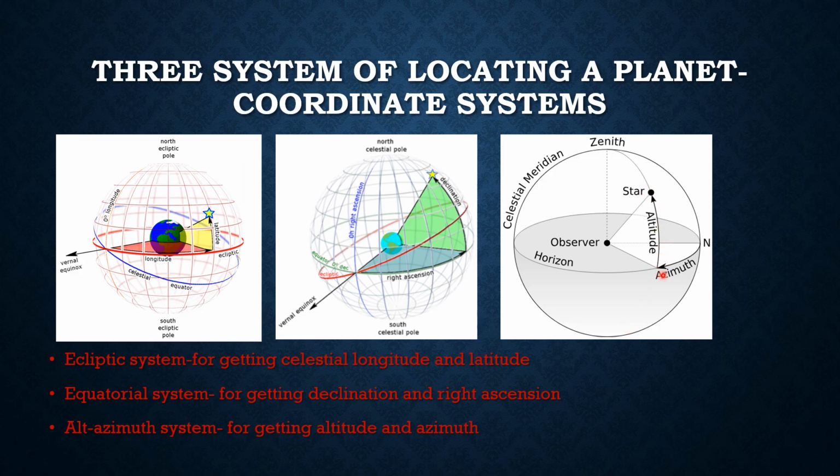Wherever it touches the horizontal circle, the arc from the star till this point is the altitude, and from north till this point is the azimuth. This way you can locate a star using these coordinate systems, wherein three different approaches are being used.